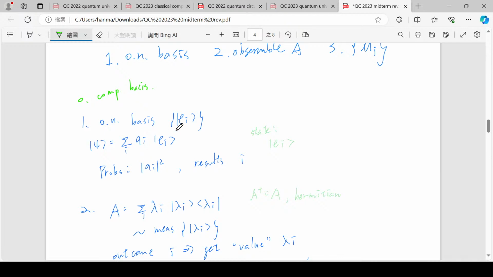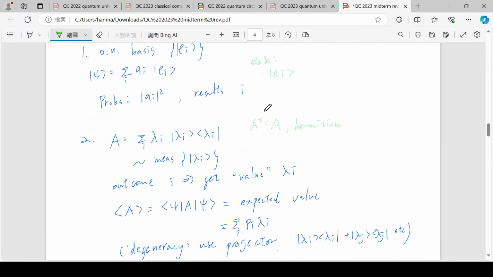Then the probability of each outcome will just be a_i squared, the coefficient's absolute value squared, and that's the probability that you get outcome i. If you get outcome i, then your state collapses into e_i. So this is orthonormal basis measurement, and most of the time you will do this on the computational basis, so 0 to d minus 1, or sometimes 1 to d.